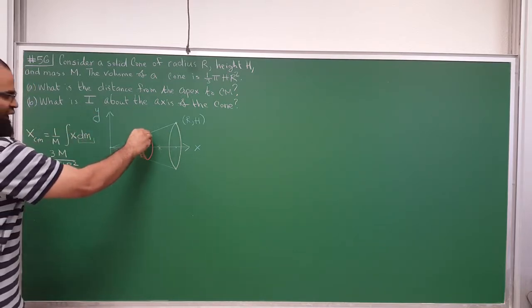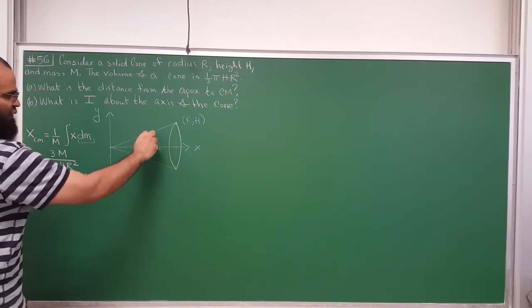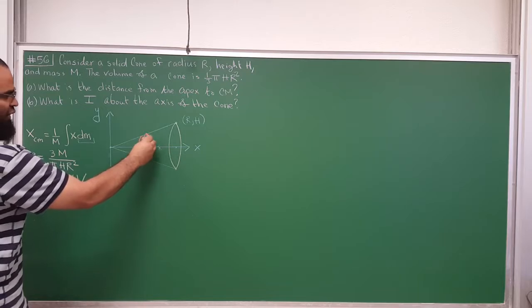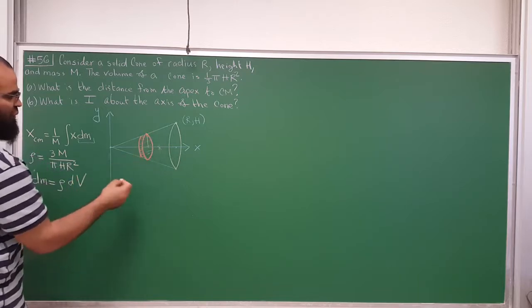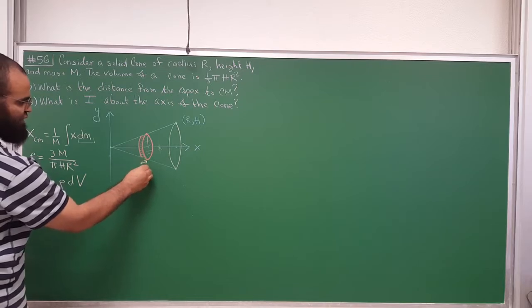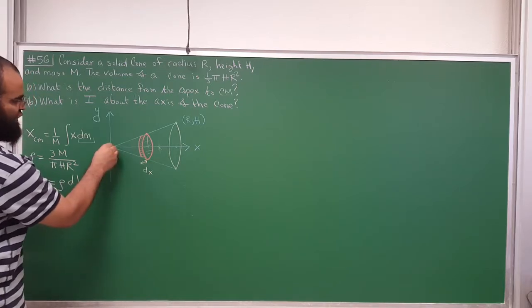The radius is y, so the area of this thing is pi r squared, so pi y squared, times the thickness. The thickness is dx, and the location from here is x.